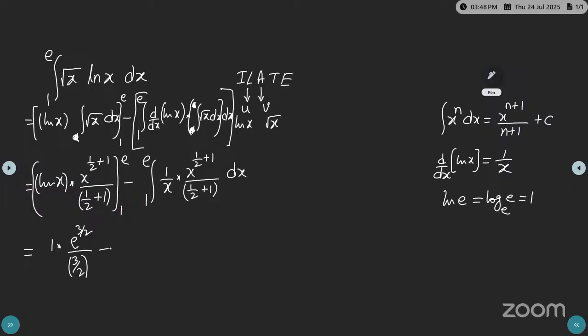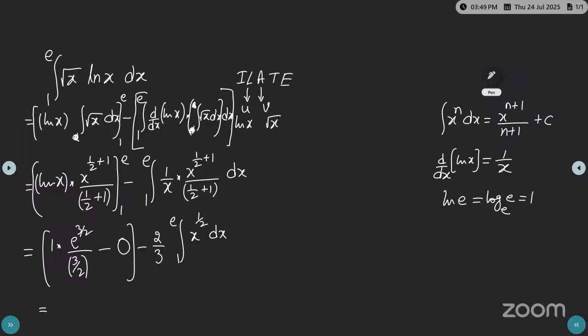What's the value now? On writing the lower limit, ln 1 is 0. This part is finished. Minus, this is 3 by 2, writing that outside, 2 by 3, x power 3 by 2 by x, again integral 1 to e, x power 1 by 2 dx.